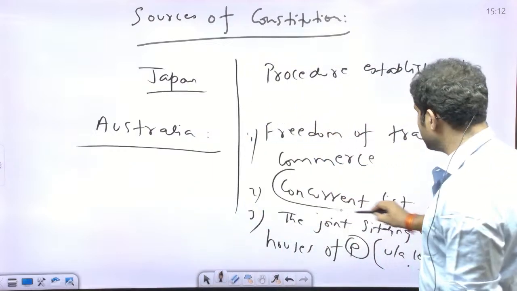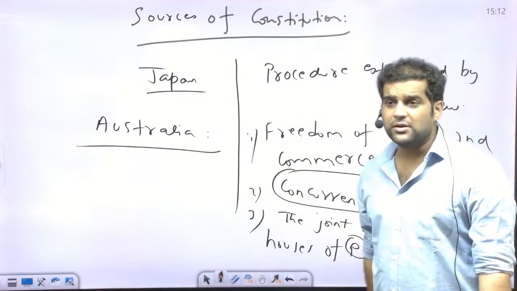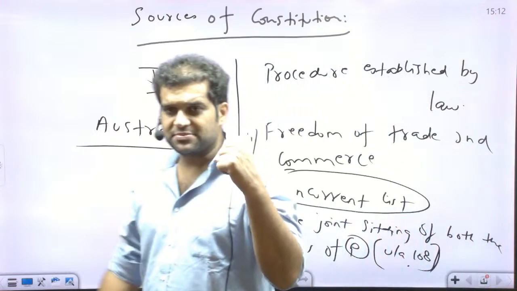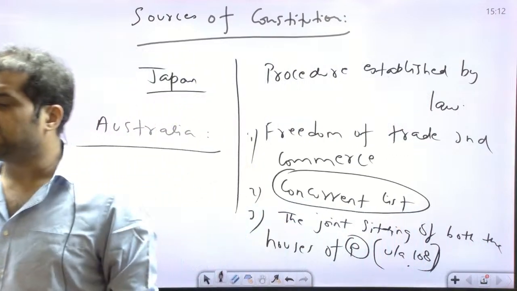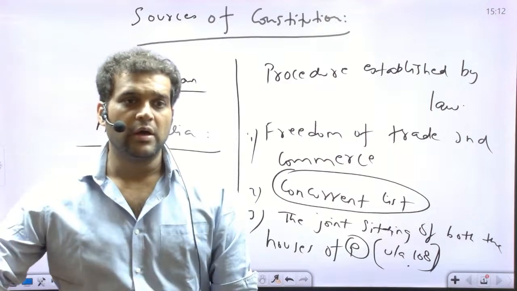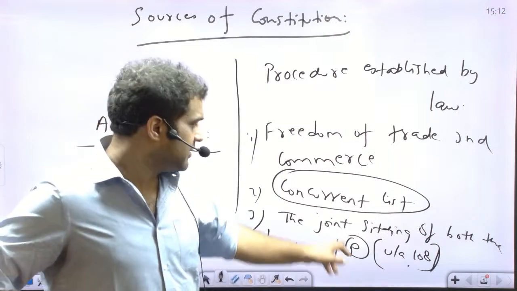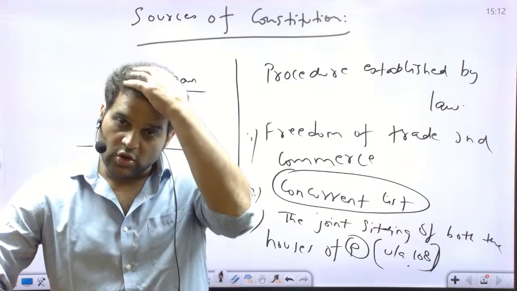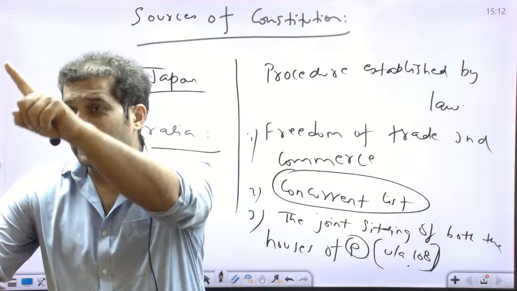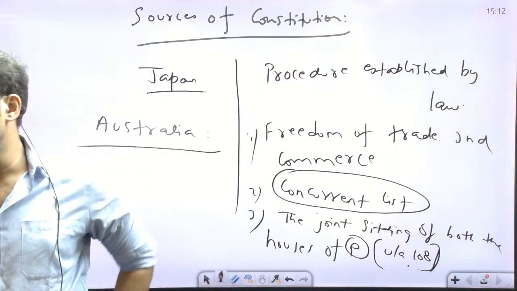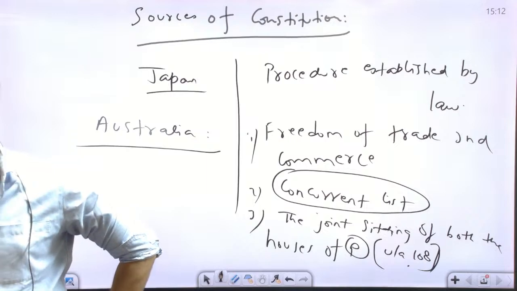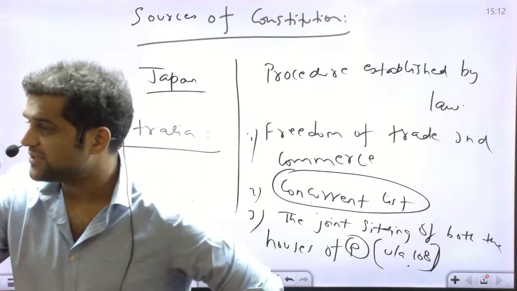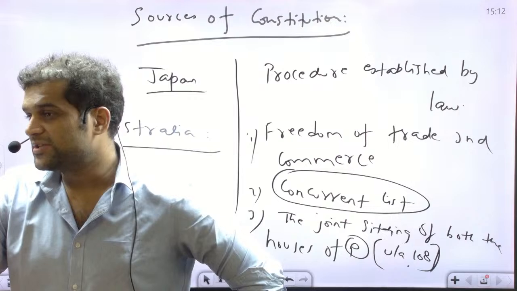What is meant by this concurrent list? Yes, tell me. We have discussed this concept earlier also. I think we had ample discussion regarding this concurrent list. Yes. What do you mean by concurrent list? Guys, what is concurrent list?